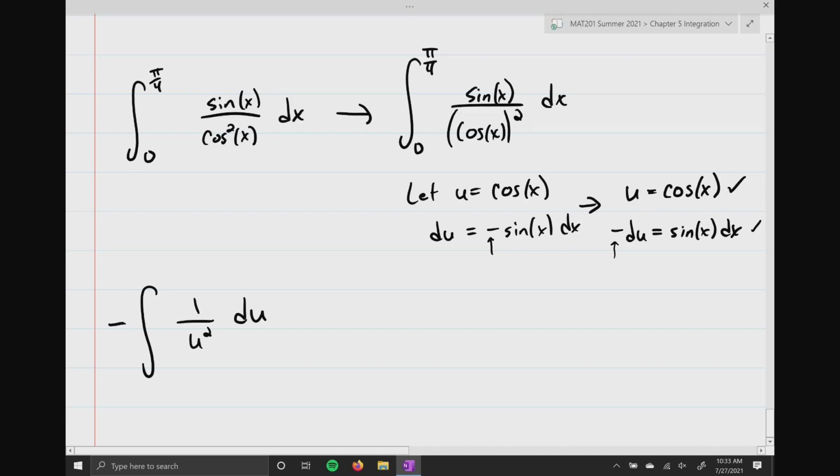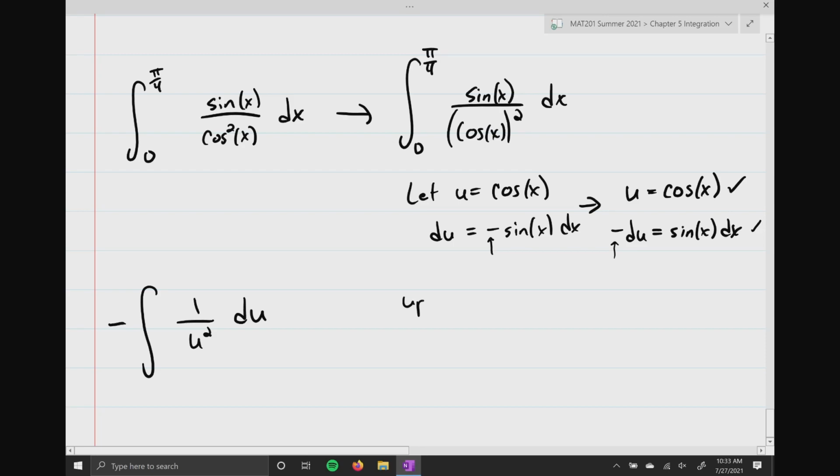I am going to do that here because if you look, right now I have trigonometric functions, so you're going to be using your unit circle a lot and everything. If you change your limits of integration, it turns out you just have whole numbers or rational numbers or irrational numbers, whatever is the case. It kind of simplifies it a little bit.